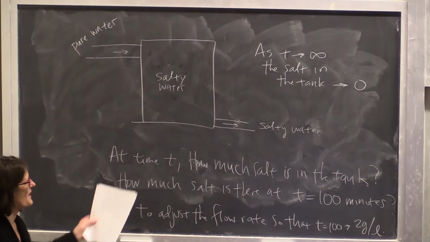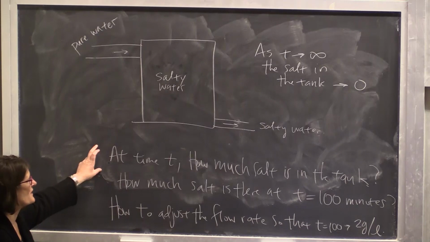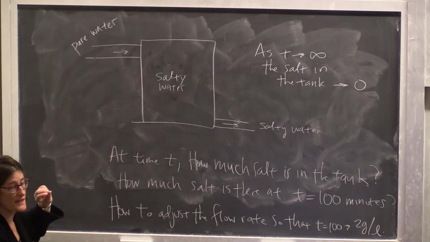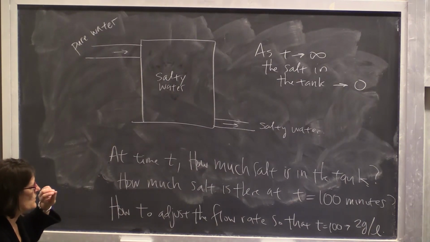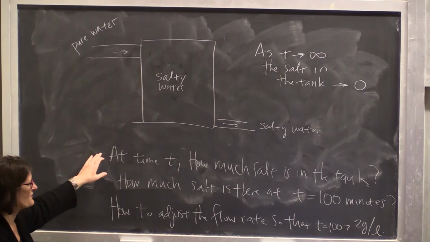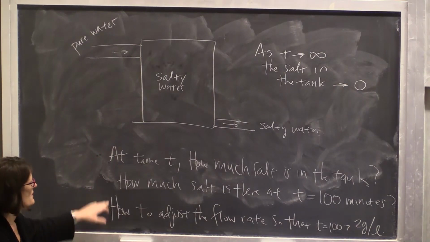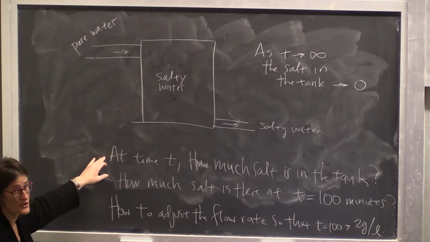We just need to somehow figure out a function which will give us the amount of salt in the tank at any moment in time. Once we know that, we'll be able to certainly answer this. If we were smart enough to figure out that function, we'll probably be smart enough to figure out how to adjust the flow rate. So the big question is, how do we get a function that tells us how much salt is in the tank at any given time?